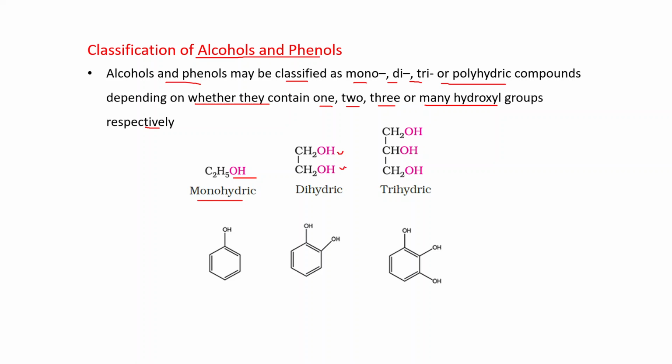Two OH groups are there, dihydric alcohol. 3 OH groups are there, this is trihydric alcohol. In the same way, in case of phenols, if one OH is present on the aromatic ring, this is monohydric phenol. 2 OH, dihydric phenol. 3 OH, trihydric phenols.